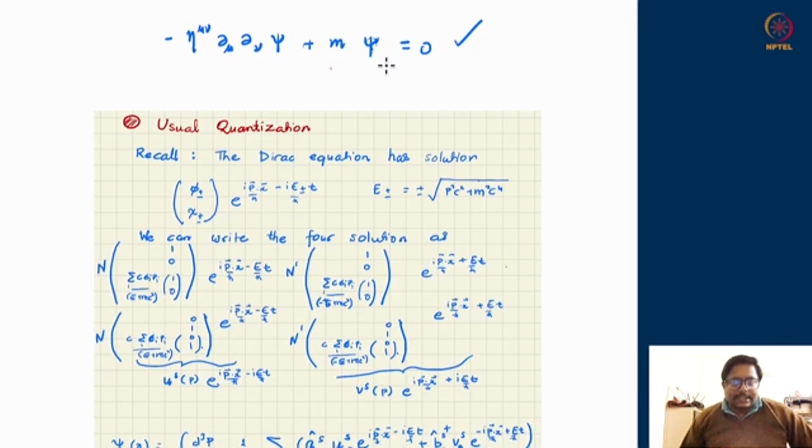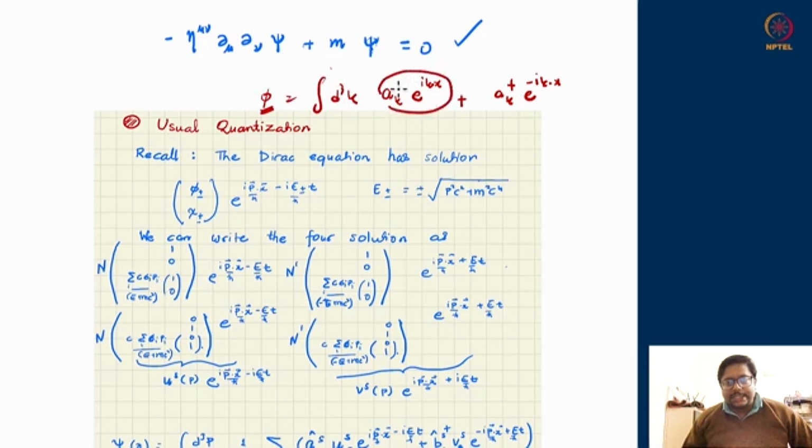In the real scalar field, remember the coefficients of e to the power ikx and e to the power minus ikx were Hermitian conjugates of each other in order to get you a real phi. So this d3k integral gave rise to a real phi.